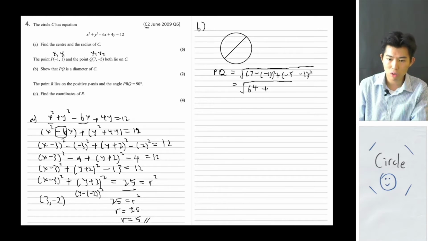Negative 6 squared would be 36, equals 100, the square root of which would be 10. And the radius is 5.